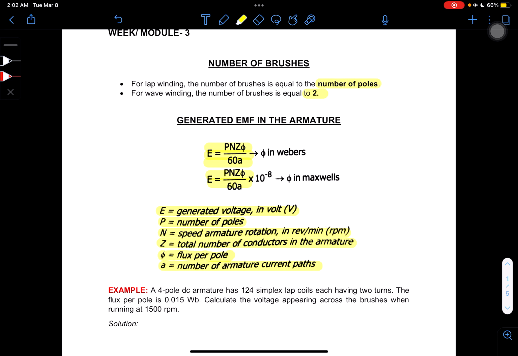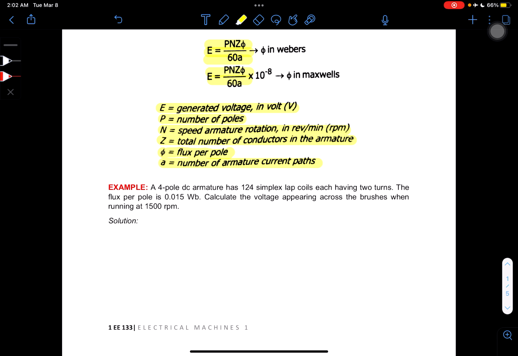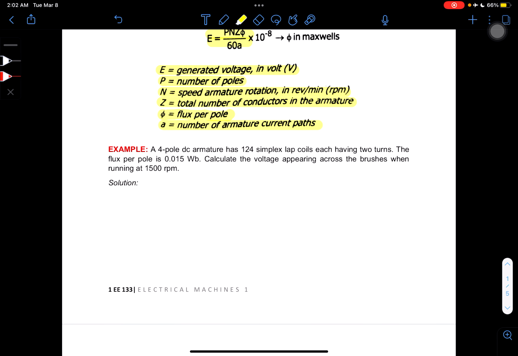So let's have an example for this. A 4-pole DC armature has 124 simplex lap coils, each having 2 turns. The flux per pole is 0.015 Weber. Calculate the voltage appearing across the brushes when running at 1,500 RPM.